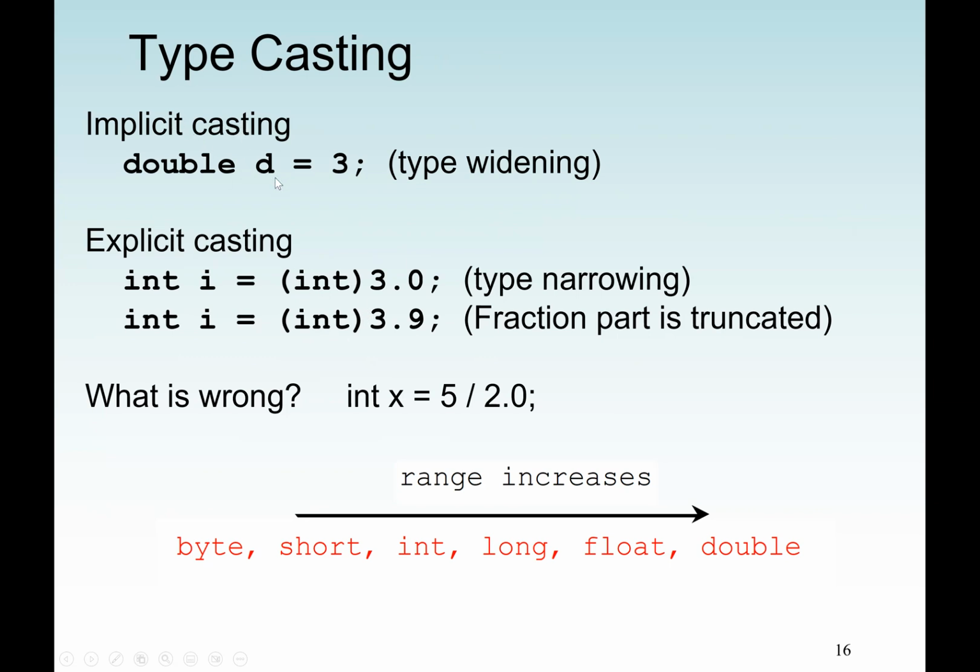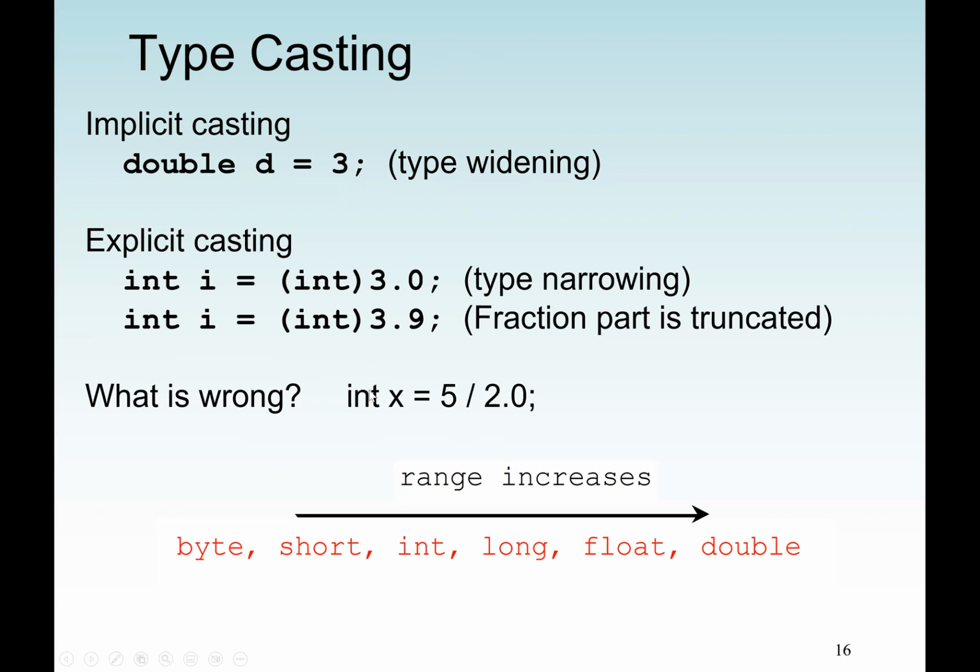Now, implicit casting is built into the system. I have a variable D, data type double. I assign 3 to it, and it's going to add 3.0 or 00, etc. Now here they ask what is wrong. We have 5 divided by 2.0.